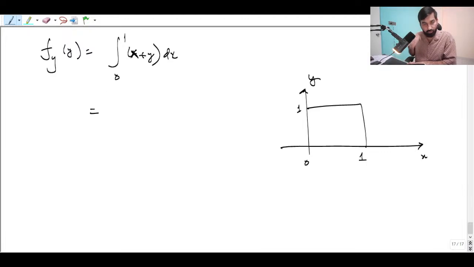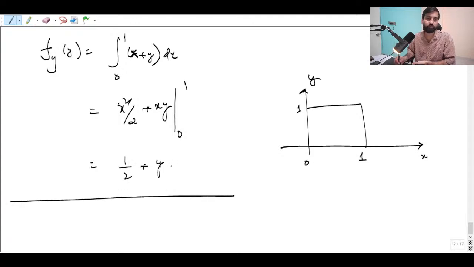So if you try to compute this, it becomes x square by 2 plus xy, putting the value 0 to 1. We can use the fundamental theorem of calculus. So here it is 1 by 2 plus y, where y takes the value between 0 to 1.